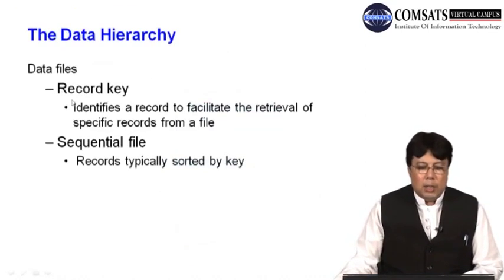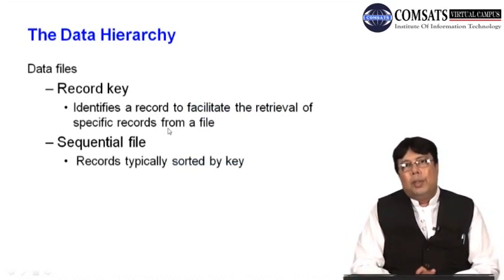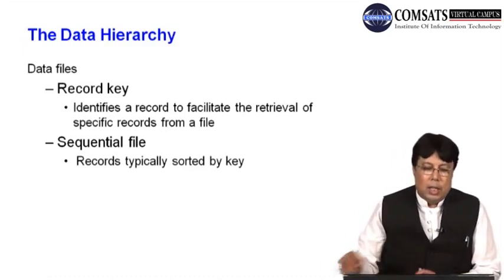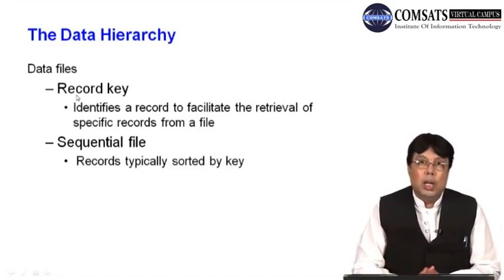A key is one of the fields which uniquely identifies a record, and you use the key field in order to search the record and extract the information out of the record. So that is another concept related to files and processing of files.